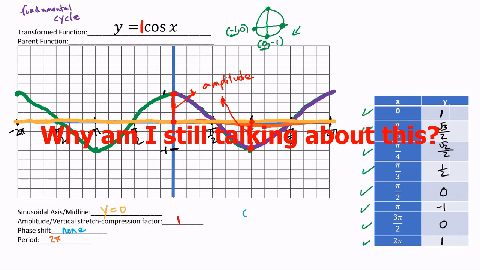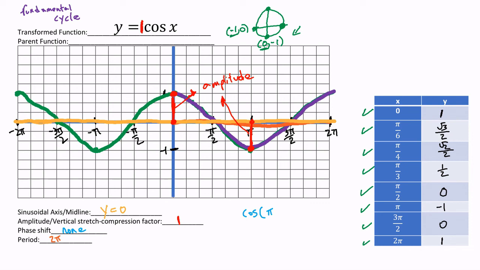And of course, cosine of x minus pi over 2, what kind of phase shift do you suppose that would have? Well, if we had this as our graph, we'd have a phase shift to the right of pi over 2.